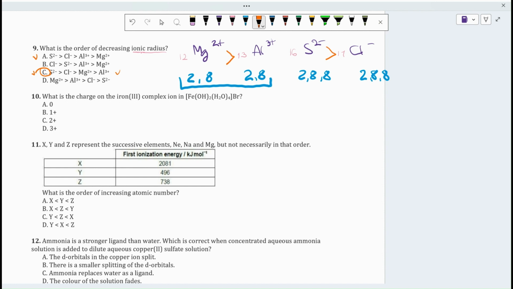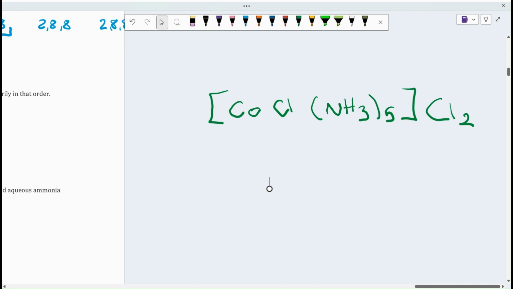Number 10. What is the charge on the iron 3 complex ion in? Okay, so here's something I want you to understand. Just taken that over to the side so we have more space. What does this Co represent, this cobalt? This is our central ion.